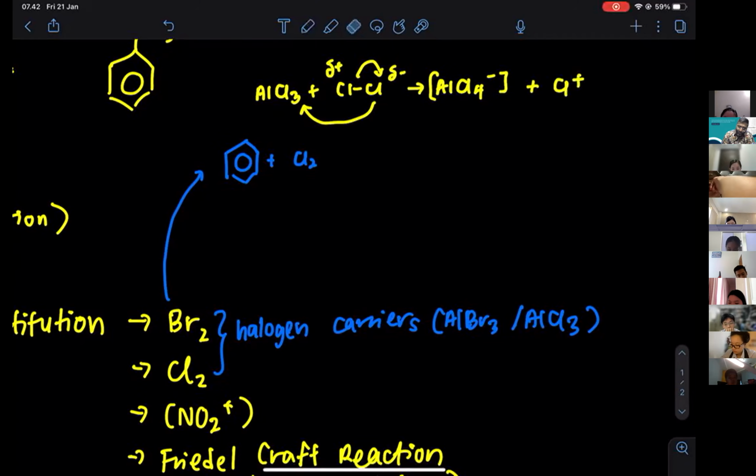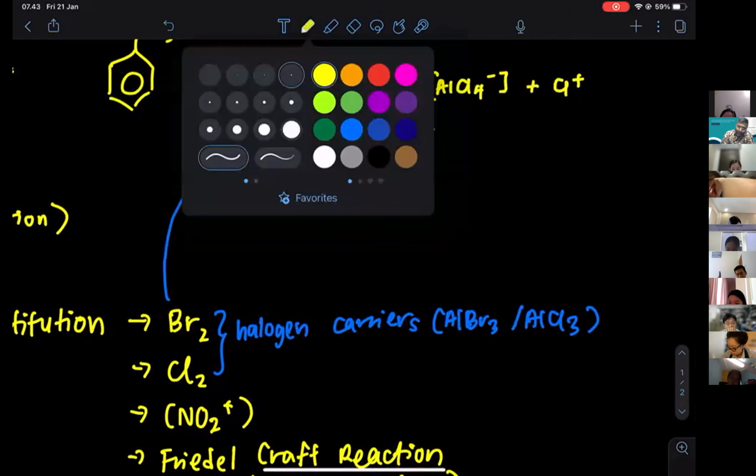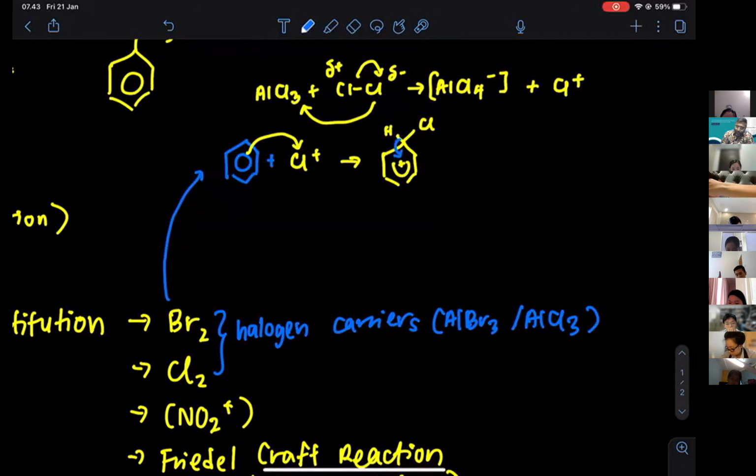The Cl plus then attacks the benzene ring, and you get an intermediate with H and Cl. This gives you chlorobenzene plus H plus, and that H plus can join with the AlCl4 minus to give you HCl and AlCl3. So the mechanism of the reaction you must know.